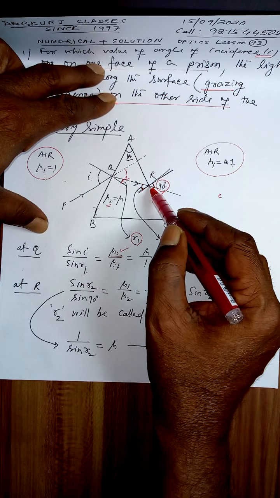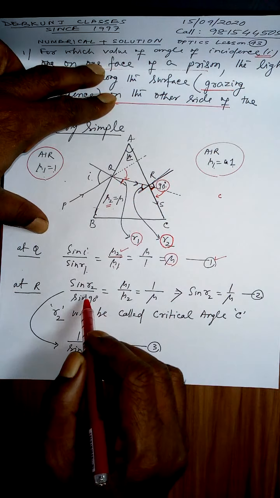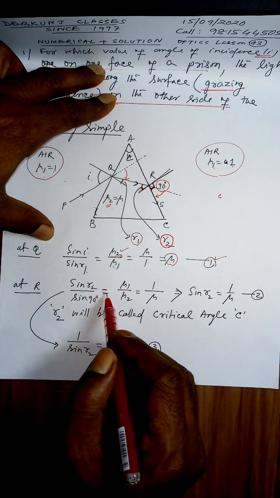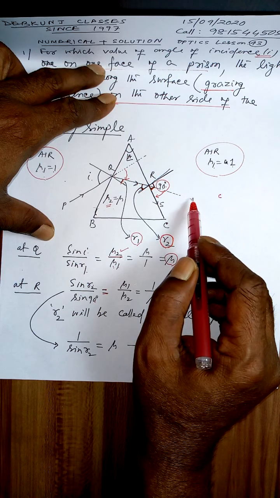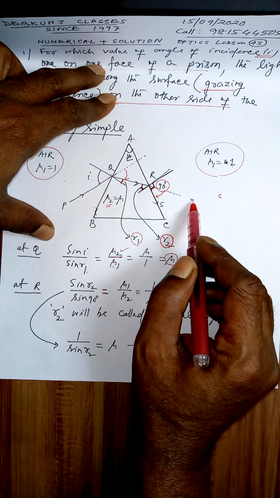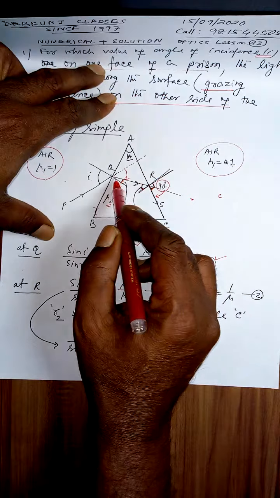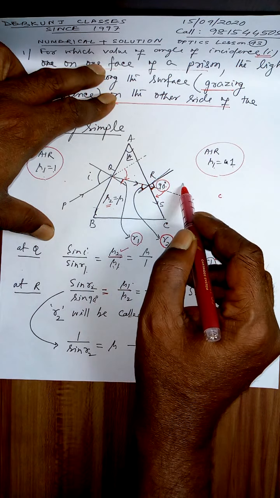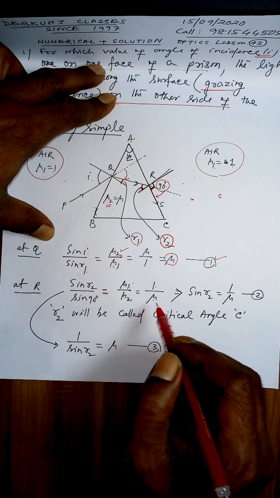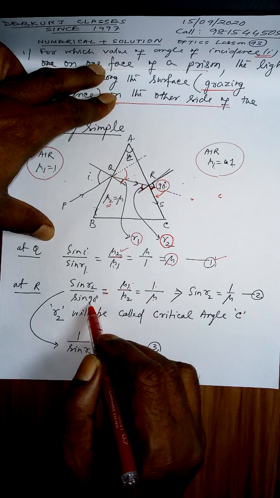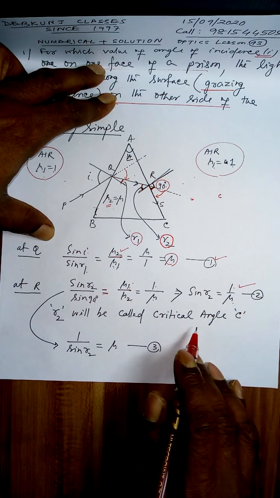Then again at R, sin R2 over sin 90 is equal to the refractive index of the medium to which light is going, mu1, divided by that of the medium from which it is coming. So mu1 by mu2, mu1 is 1, mu2 is mu. Sin 90 is 1, so sin R2 is equal to 1 by mu, equation 2.